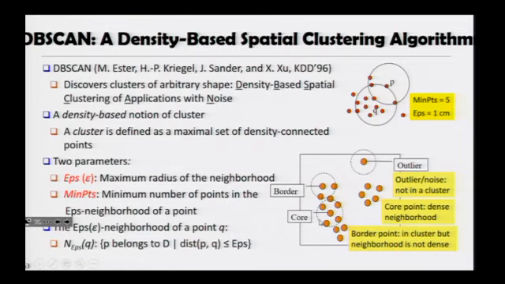At that point, you can skip to the next data point in the database or data space, and do the same thing repeatedly. At the end of the day, you will reach all of the data points, and you will also have the cluster structure that satisfies the density requirement defined by the two parameters.